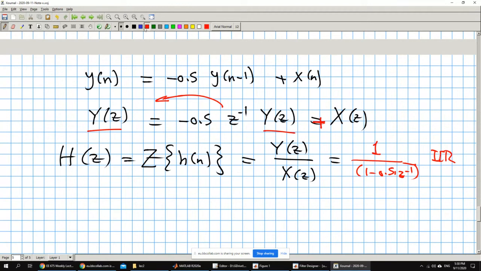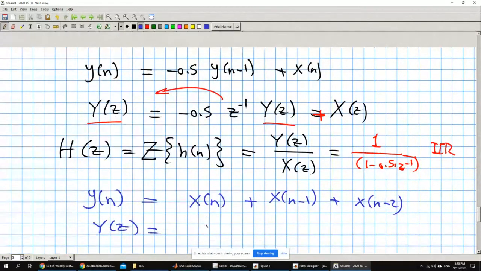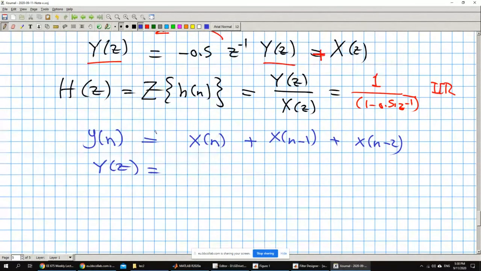Let's take the example of the other system that we talked about before. y of n is equal to x of n plus x of n minus 1 plus x of n minus 2. This will be y of z equal to x of z, which we can take as a common factor, times 1 plus z to the minus 1 plus z to the minus 2.